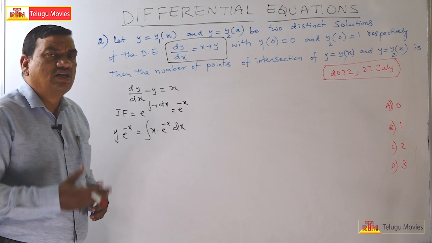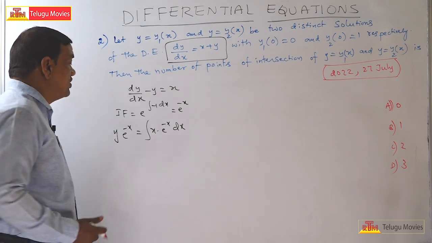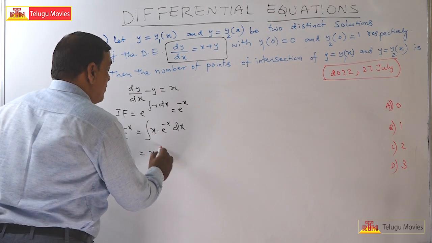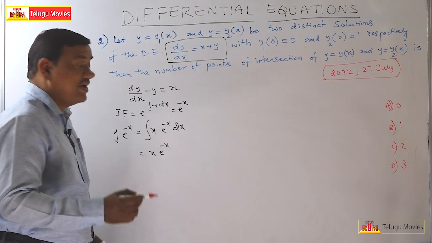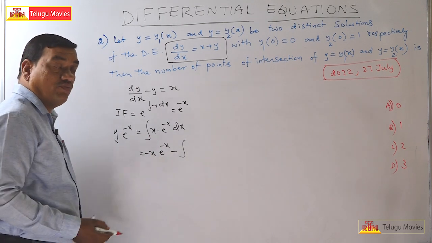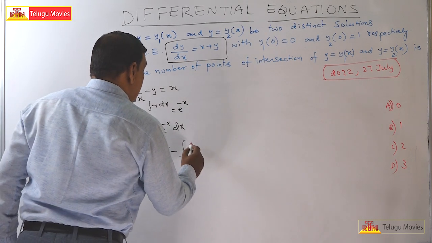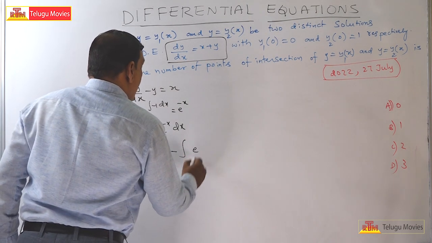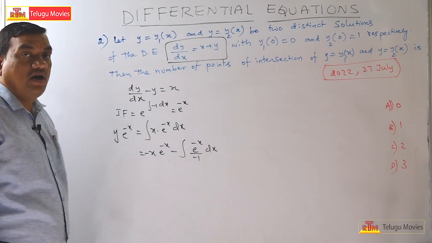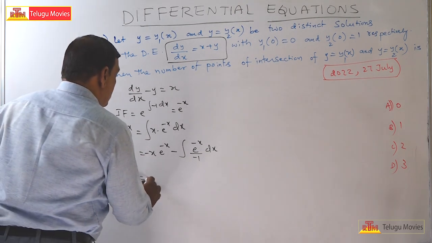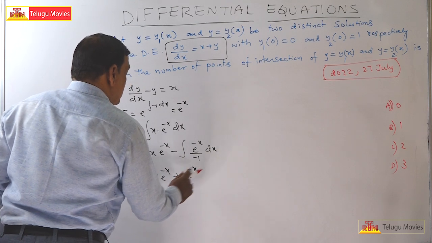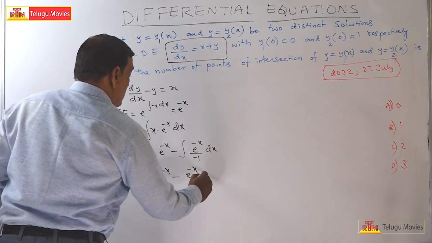So first take x outside, e power minus x integral, e power minus x by minus 1, minus integral of x derivative is 1, into e power minus x by minus 1 dx. So this is minus x into e power minus x, minus e power minus x, plus c.